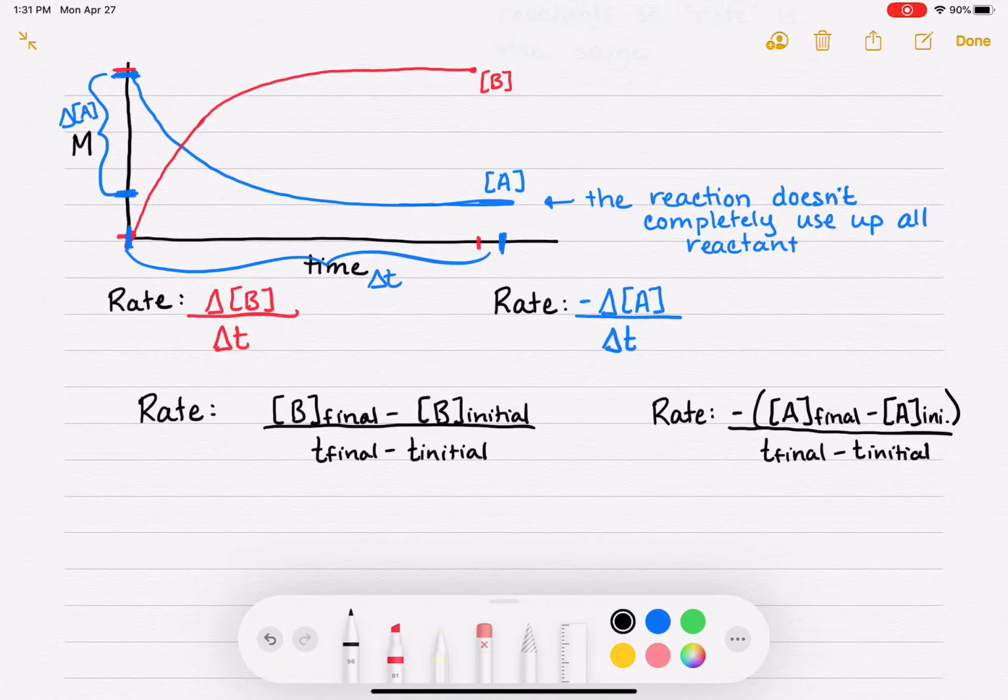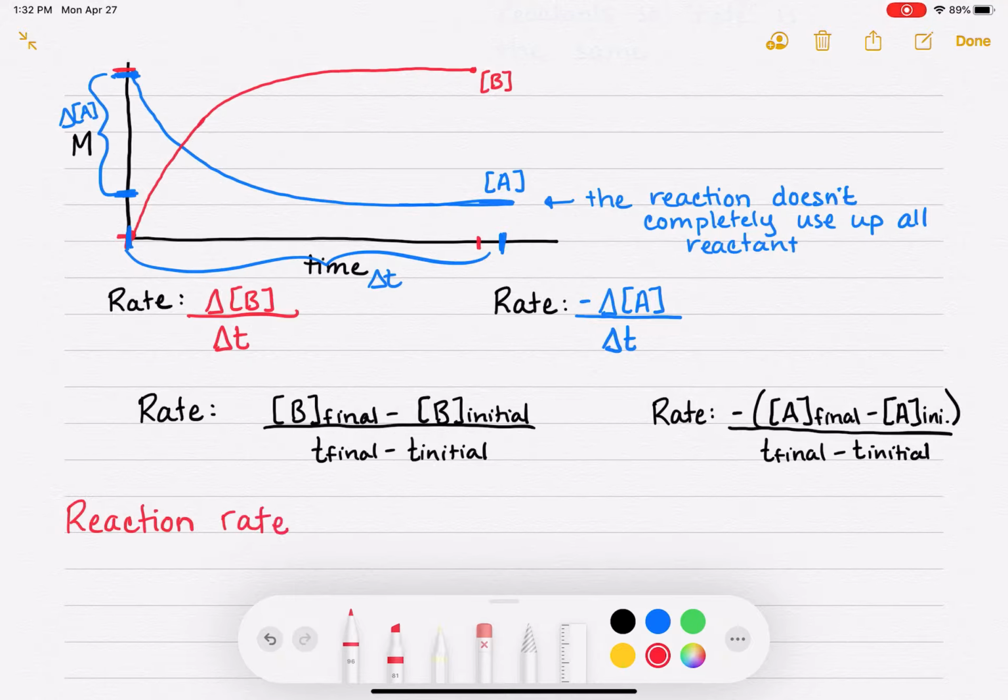So as you can probably imagine, the rate of a reaction for any given reactant or product, like the rate of the reaction with respect to B or with respect to A, depends on the stoichiometry of the reactant or product.